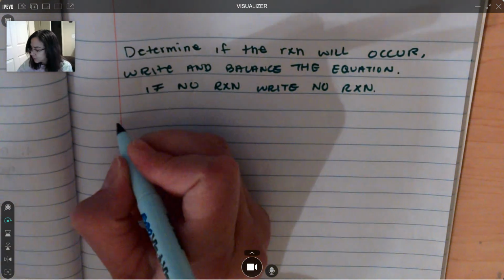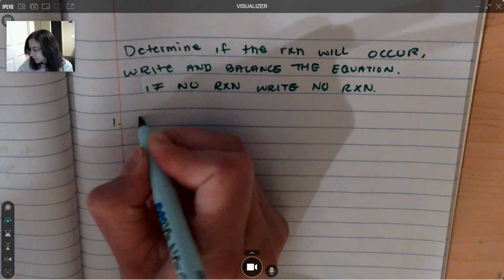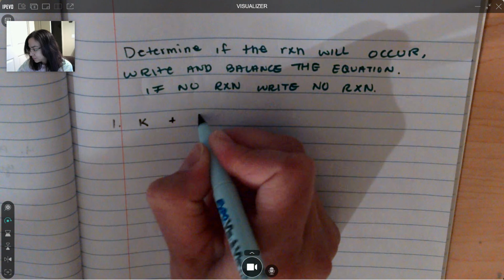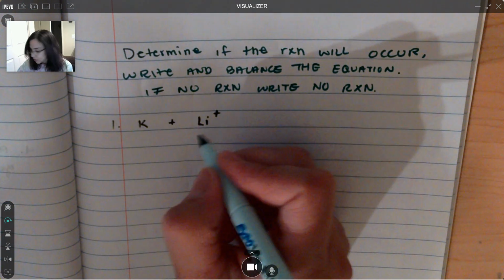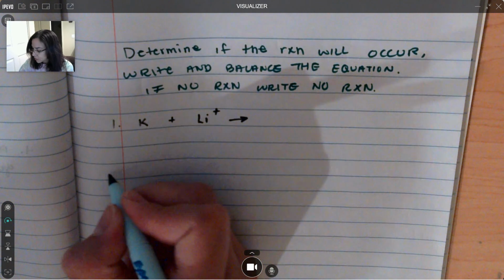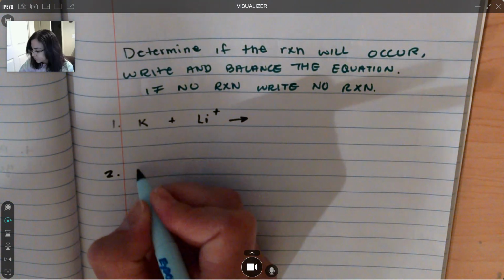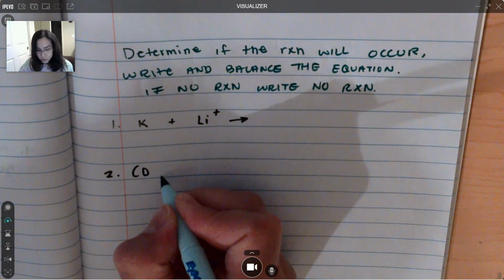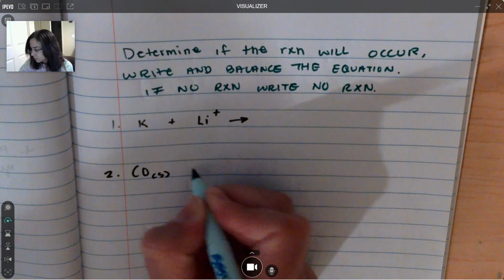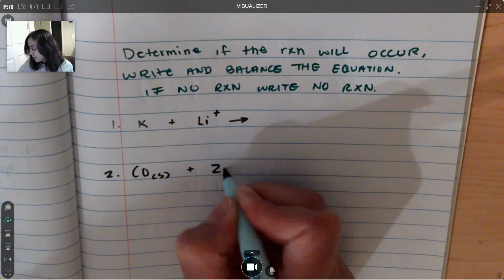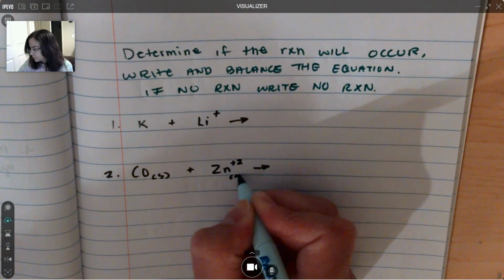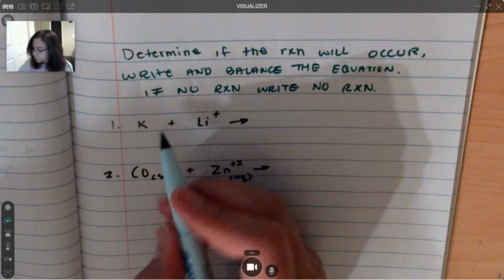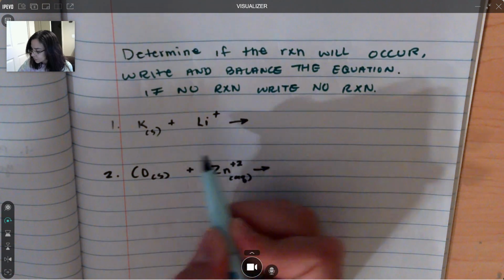So our first one is going to be potassium plus lithium. Our second one is cobalt solid plus zinc aqueous. And this one, our potassium was a solid.